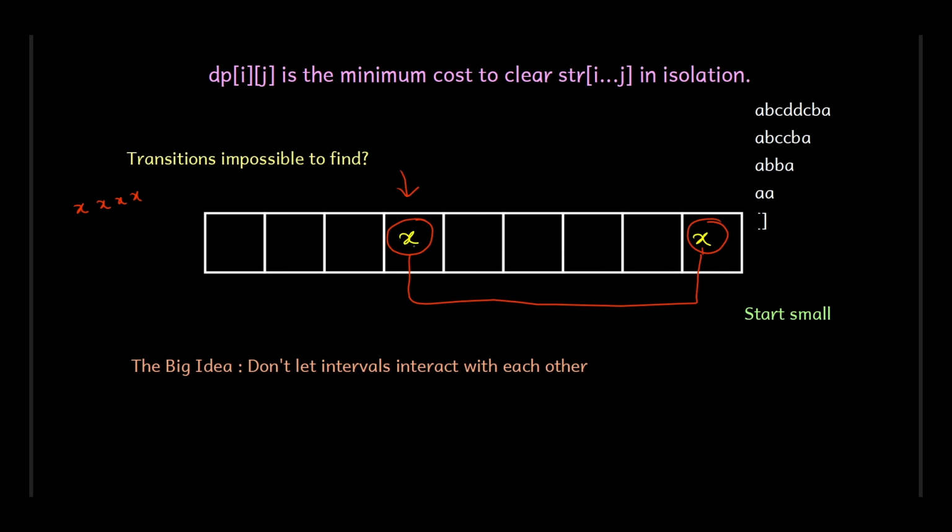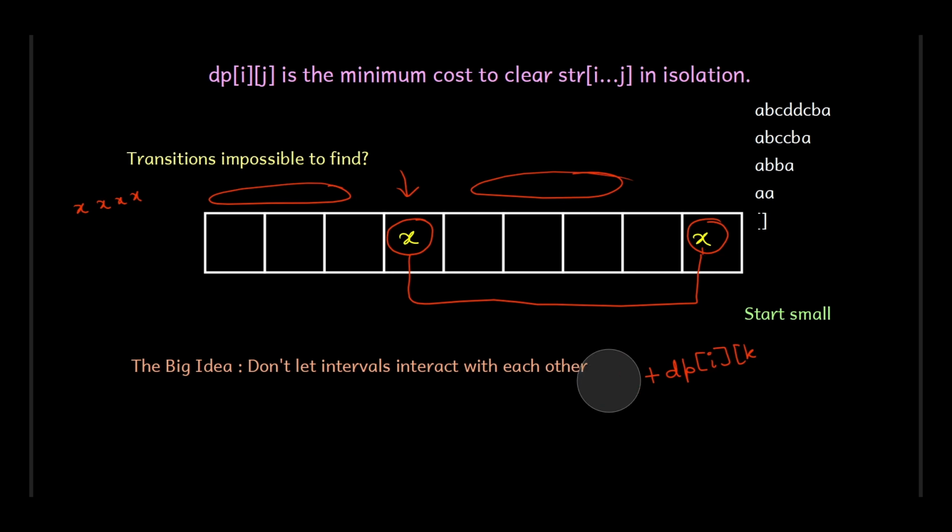Then when you are doing the DP transitions, I actually wrote something like this earlier, right? 1 plus DP of I to K, and then I wrote 1 plus DP of this part, and then I added 1 for this, which is actually not correct. So I would just like to clarify on that.